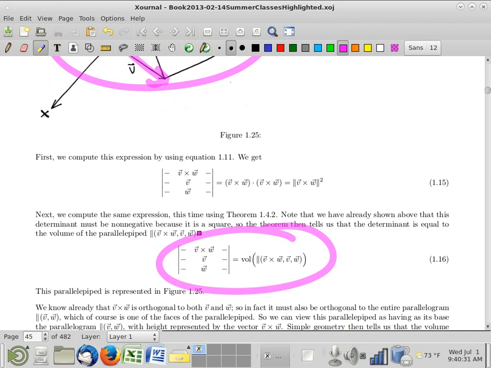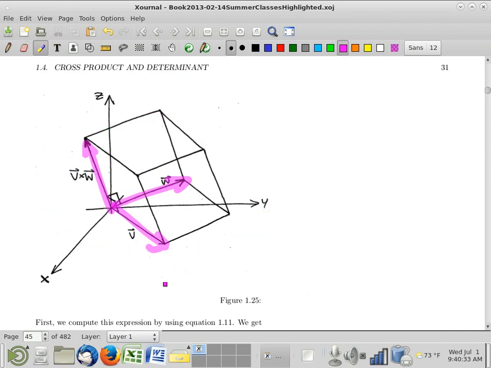Now, how would I go about computing this volume? Well, good news. I have already shown that this vector is perpendicular to both of these vectors. And let me do those in a different color. Both of these vectors. And being perpendicular to both of those vectors, it's therefore also perpendicular to this entire parallelogram.